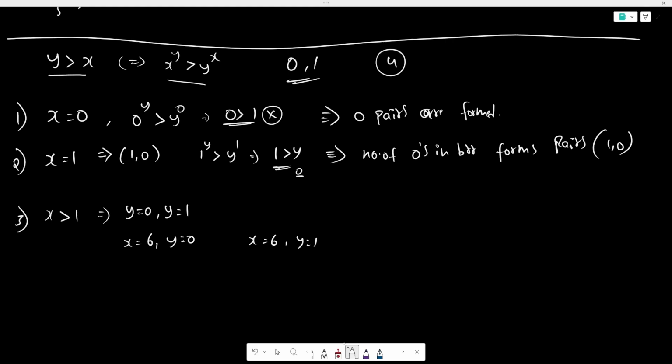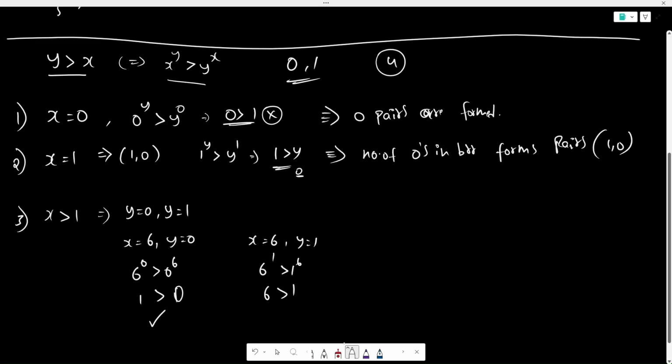What happens here? 6 power 0 is greater than 0 power 6, and 6 power 1 is greater than 1 power 6. Obviously anything power 0 is 1, which is greater than 0 power anything, which is 0. Here 6 is greater than 1. So this condition is true, and this is true.